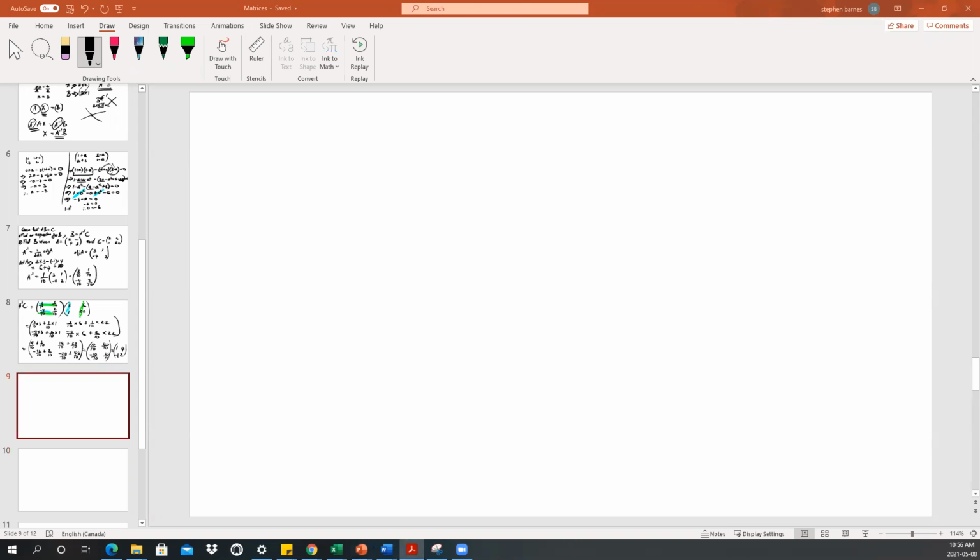The first question I'll be looking at looks something like this. It is saying use inverse matrices to solve these simultaneous equations, right?